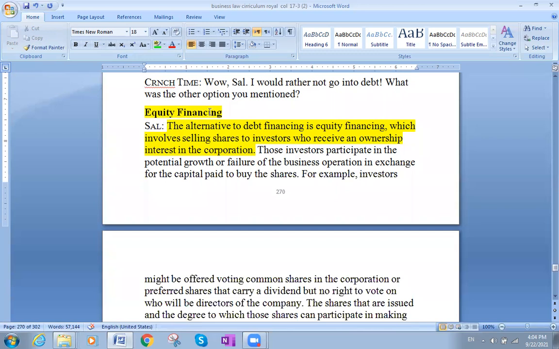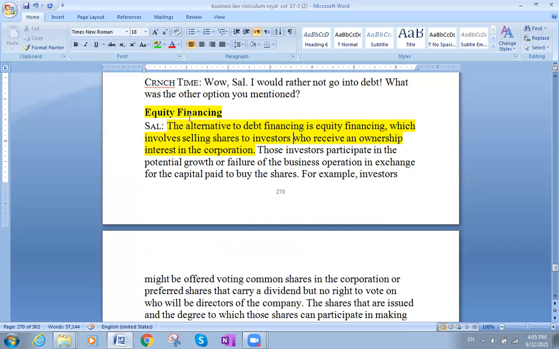Now, we also talk about equity financing. This means that you will issue shares or stocks to expand. When you need money, you will issue more stocks. The alternative to debt financing, where you go to the bank, take money and return it plus the interest, is equity financing.